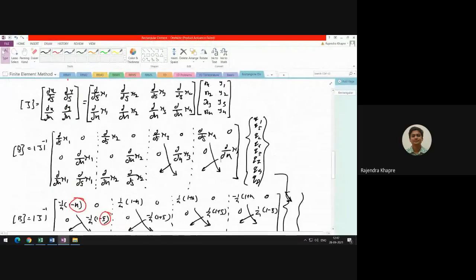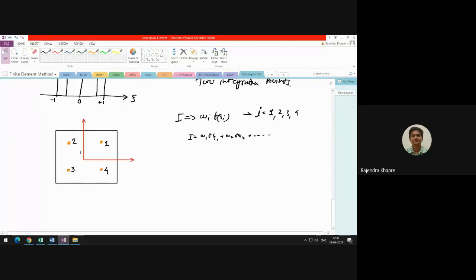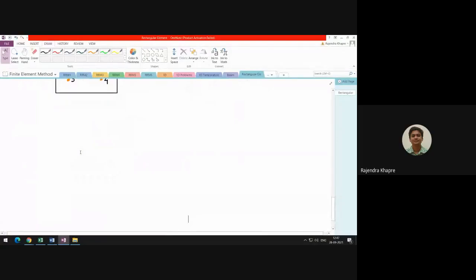This can be easily calculated because the strain displacement relation is known to us. This is nothing but your B matrix. So the B matrix is known at point 1, at point 2, at point 3, and at point 4. Let me explain one more time. What we have done over here is calculate the stiffness matrix for this point, this point, this point, and this point.